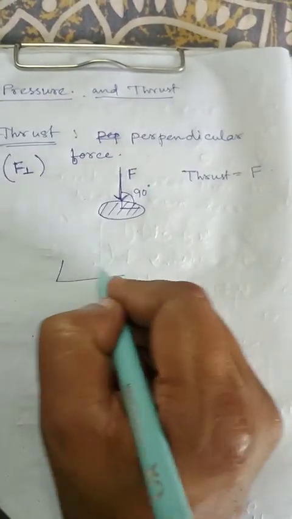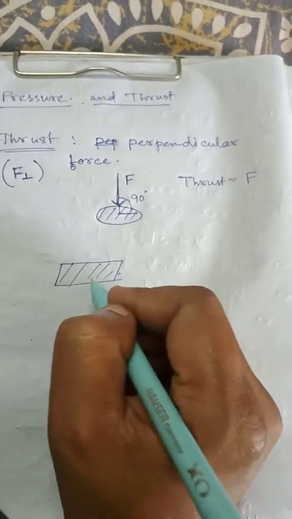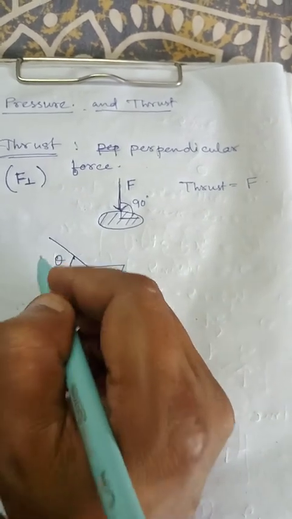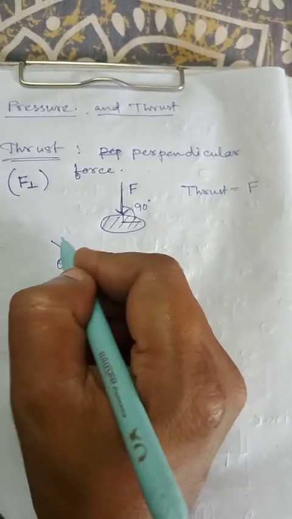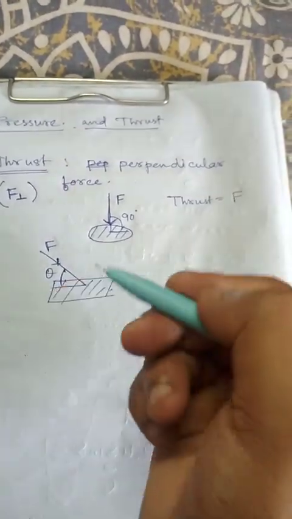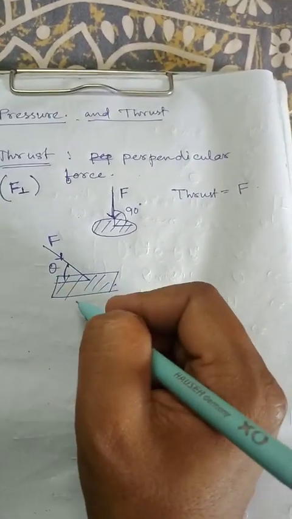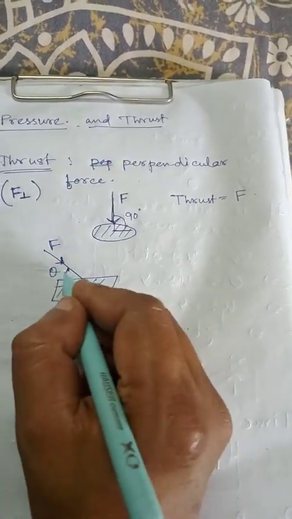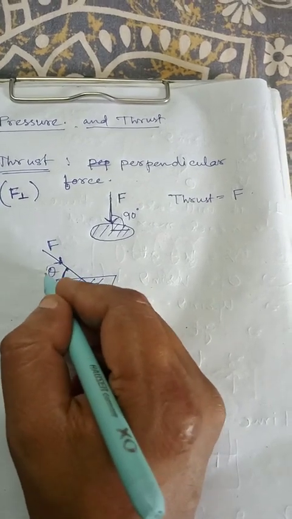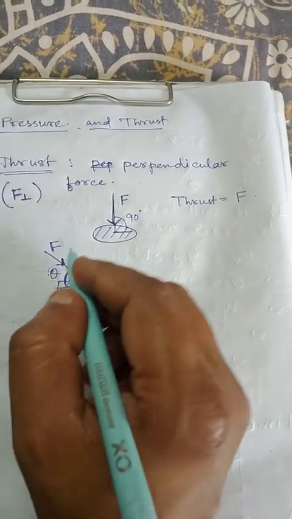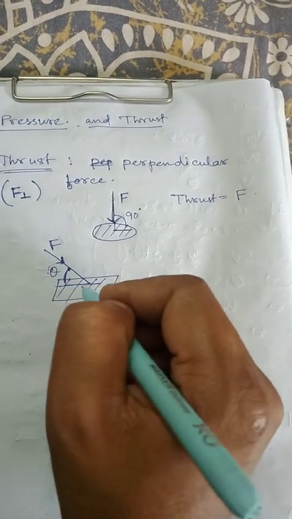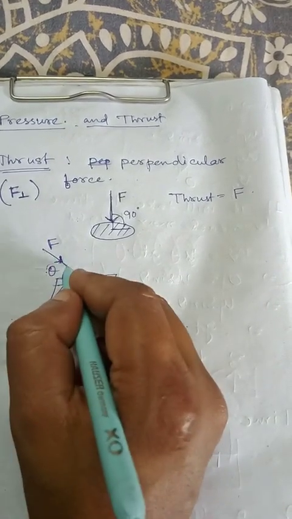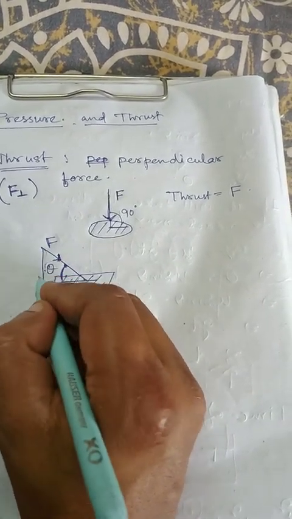If we consider this is a surface of any body and we apply some force at an angle theta with the surface, then we cannot say that thrust equals this force, because this force is acting on the surface at an angle theta that is not 90 degrees. So we have to find the component of that force perpendicular to the surface.